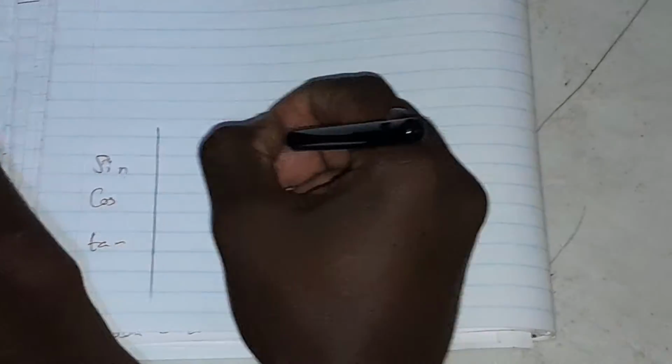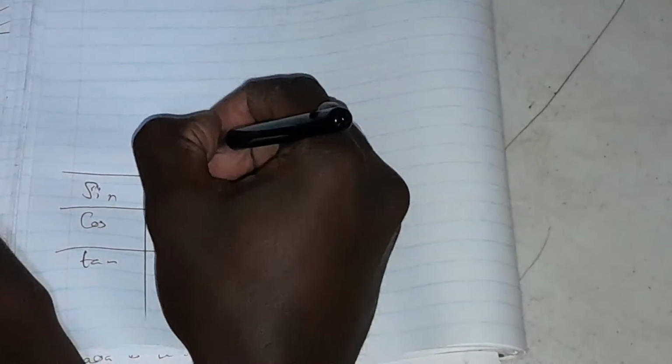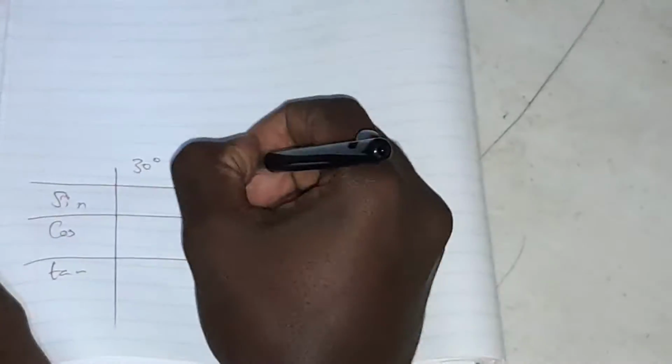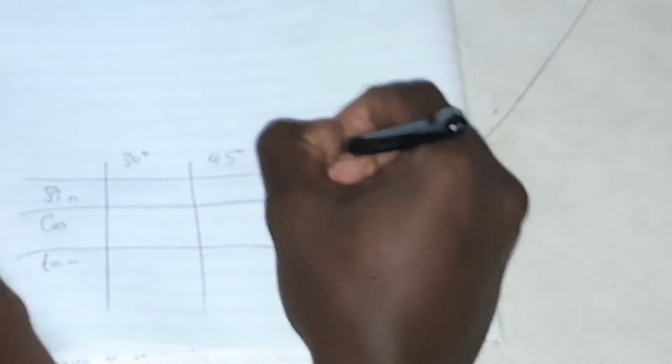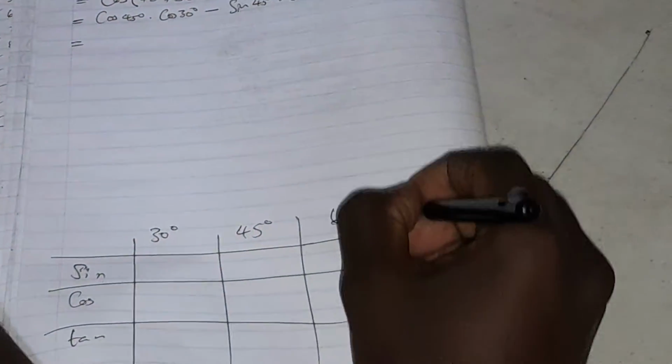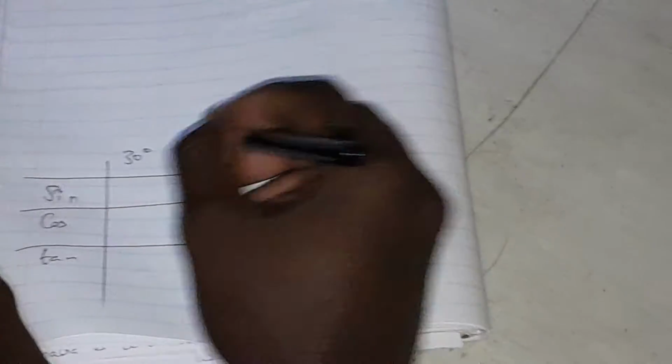Now, the table says that I have three special angles that I'm going to use to solve for this problem, which is 30 degrees, 45 degrees, and 60 degrees.